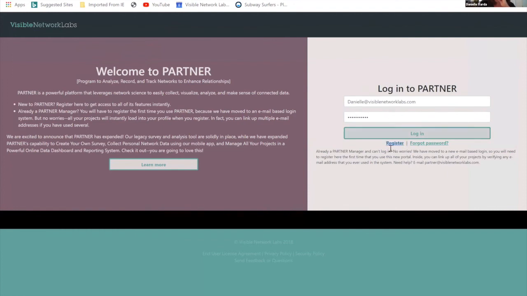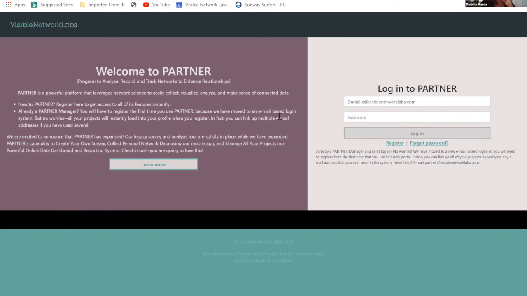Just come in and register, and then you can go to partner.visiblonetworklabs.com or aspen.visiblonetworklabs.com. Then it's a two-factor authentication, and you'll come in. This is what we want everyone to start prepping for, being able to use this if you want to. And we'll let you follow along with the strategy document by using the strategy survey.